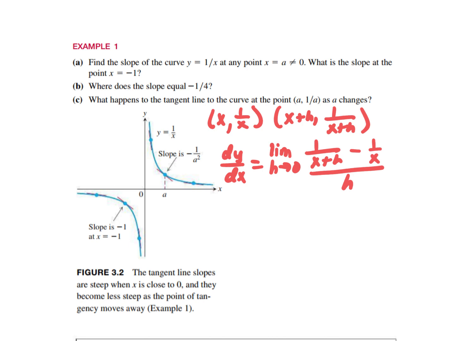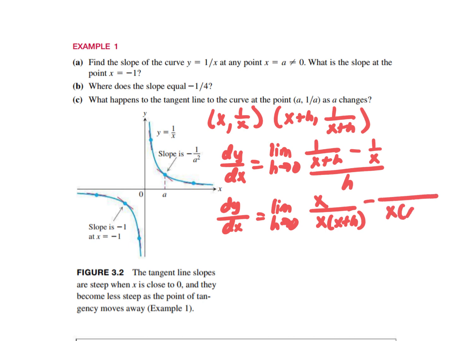I'm now going to get a common denominator in the numerator. And so my common denominator would be x times x plus h. So I can see that the first function would need an x in the denominator. The second function would need x plus h in the denominator. So I'm going to go ahead and multiply the numerator by x plus h.